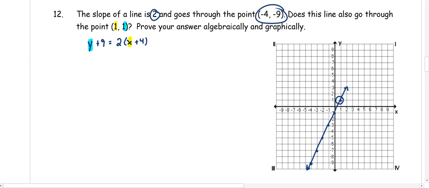We only put the numbers in here when we're testing, is it a solution or not? So when I substitute, I get 1 plus 9 equals 2 parentheses 1 plus 4. So 1 plus 9 is 10. And then we have 2 times 1 plus 4, which is 5. So we get 10 equals 10, which also means that it's a solution because it works in the equation.